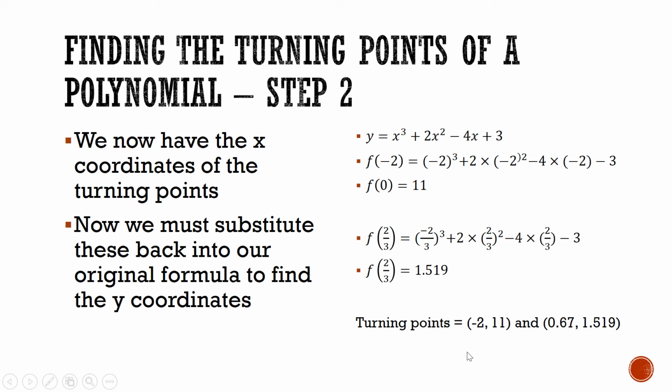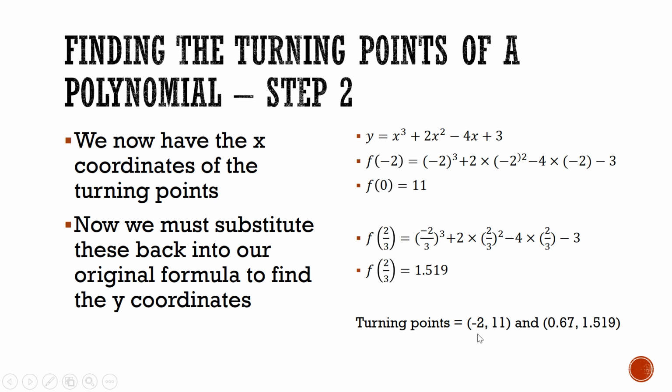So our first turning point is x is -2, y is 11. Our second turning point is x is 2/3, that shouldn't be a negative, that's fine, and y equals 1.519. That's a typo there, that negative. Don't worry about that. So we have our 2 turning points.